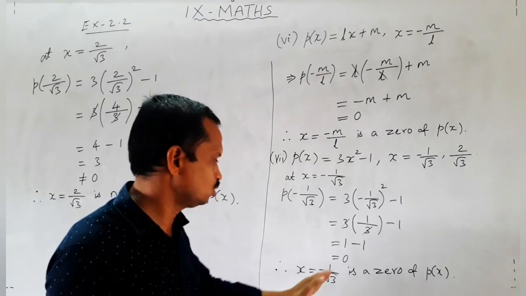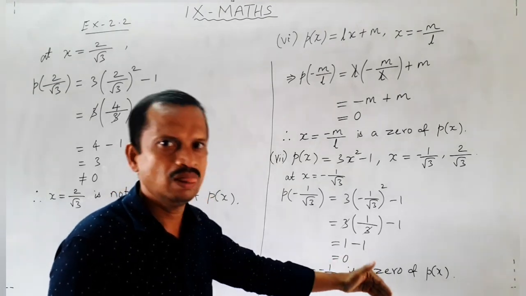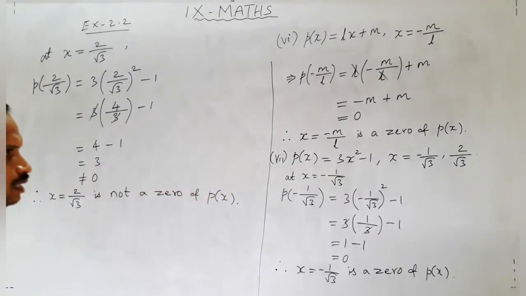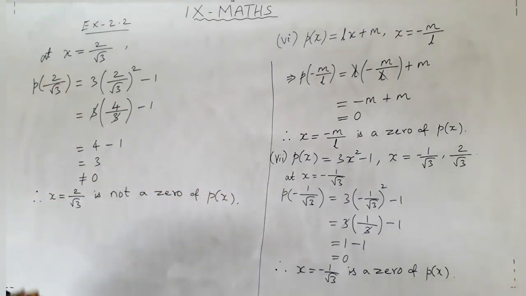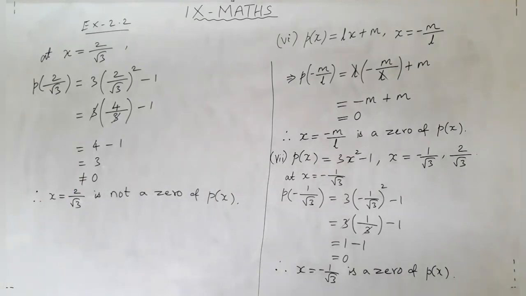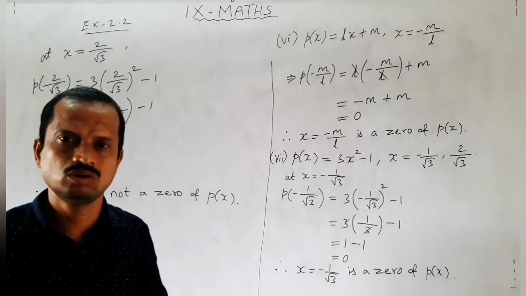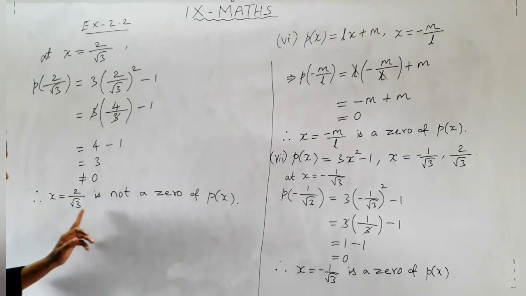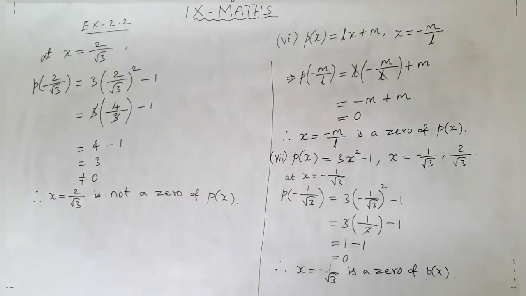So we can say x equal to minus 1 by root 3 is a 0 of the given polynomial p of x. But for the next value, x equal to 2 by root 3, the value is not equal to 0. Therefore, if the value of the polynomial is not equal to 0, then we can say x equal to 2 by root 3 is not a 0 of p of x.